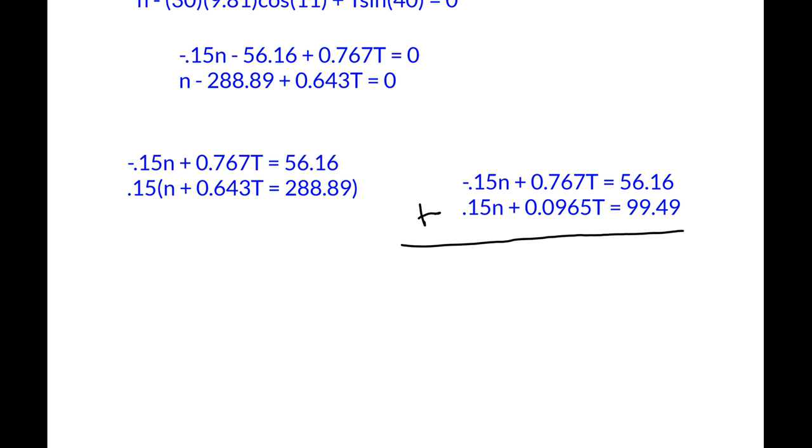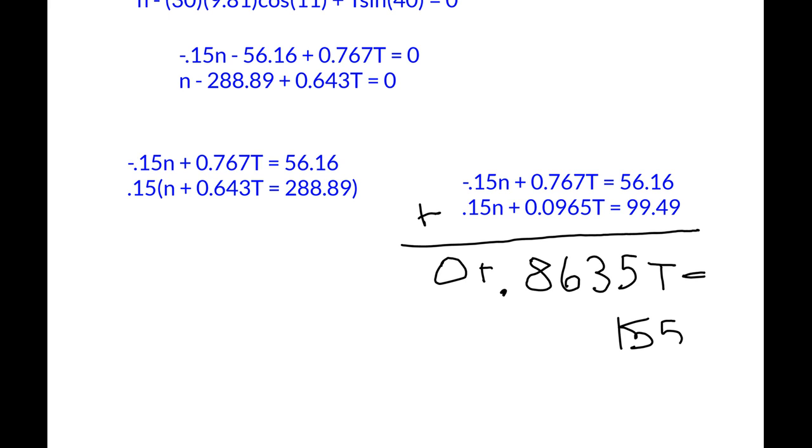We're just going to add up each term. So negative 0.15n plus 0.15n is 0. So that's nice. That's what we're trying to do, is cancel out one of our two unknowns. 0.67t plus 0.0965t is going to give us 0.8635t, and that's going to be set equal to 56.16 plus 99.49, which gives us 155.65.